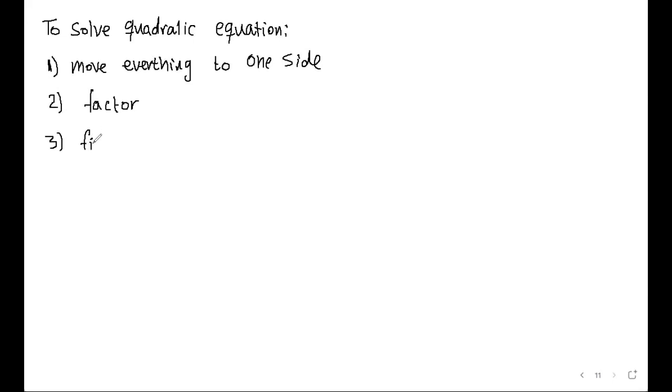First, move everything to one side. Second, factor. Third, find the zeros. That's it.